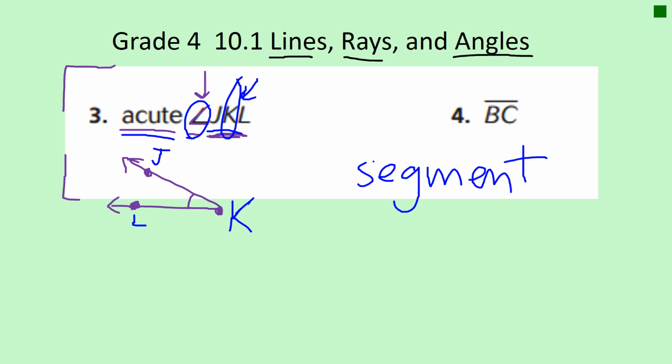So I always think it's like a cutout part of a line. So when you do a line segment, you don't draw the arrows. You just put points right there, like two little fists at the end of the segment. Okay, and then we label it B, C.